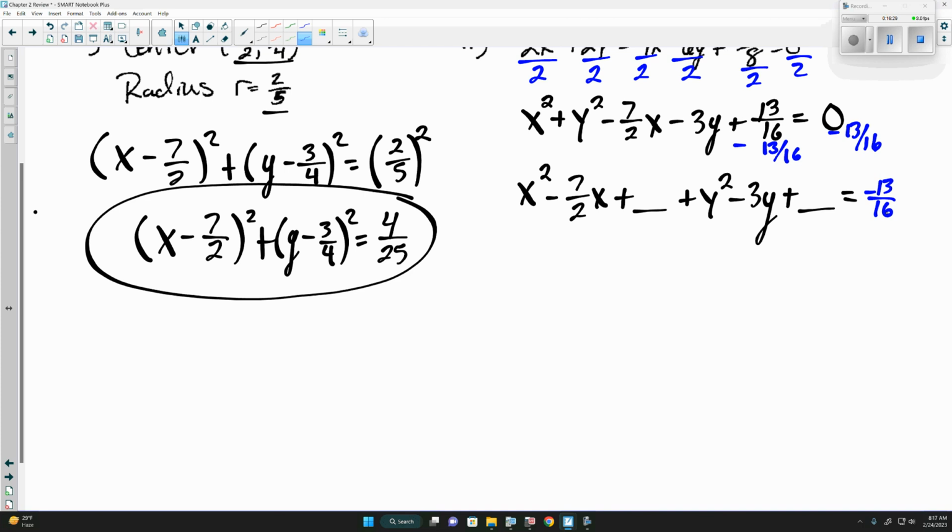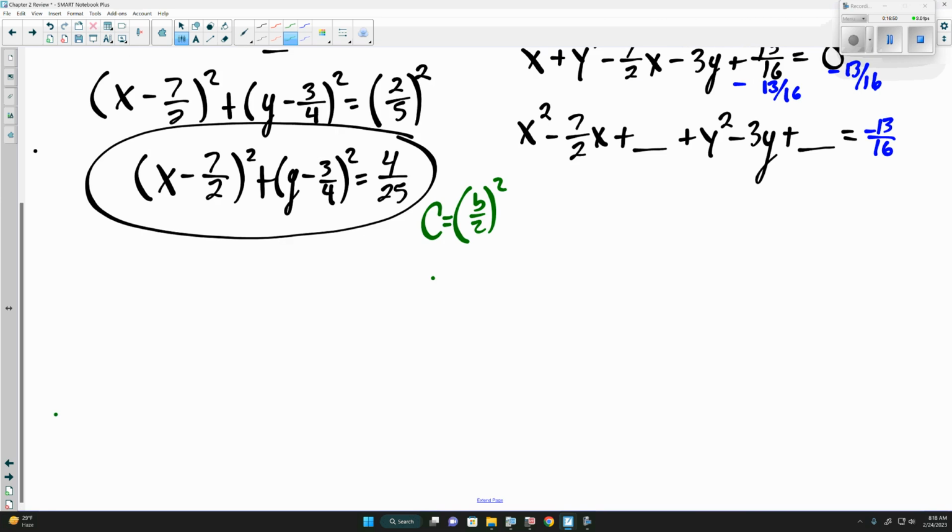Because we need the constant term by itself on the other side, and we need the x's and y's together. Because what we're going to end up using is c is equal to b over 2 squared. We need to make both of these into perfect square trinomials, so we can rewrite them as a single set of parentheses squared.